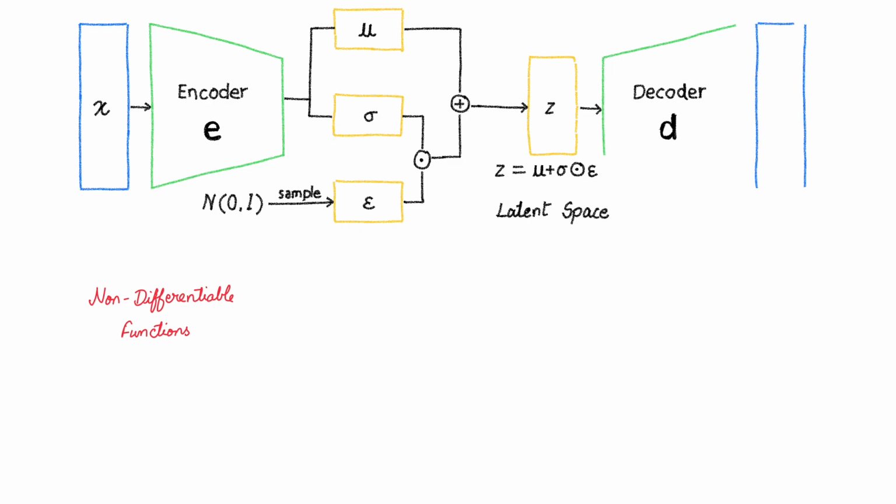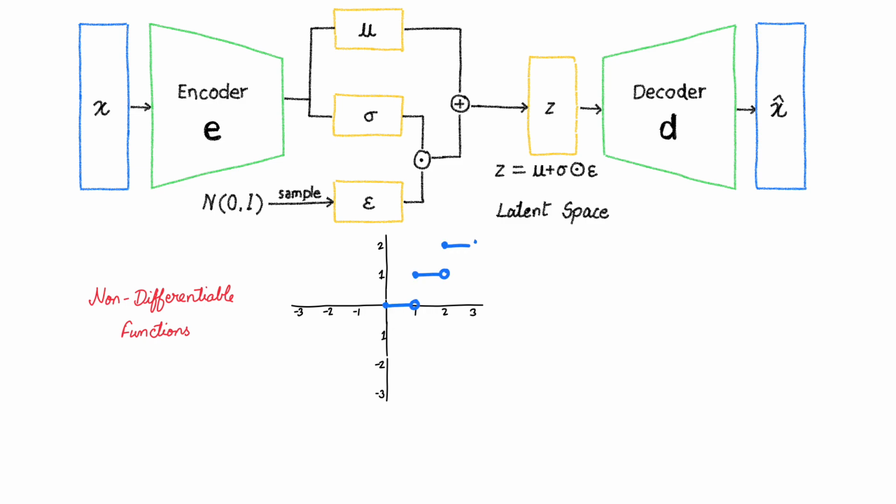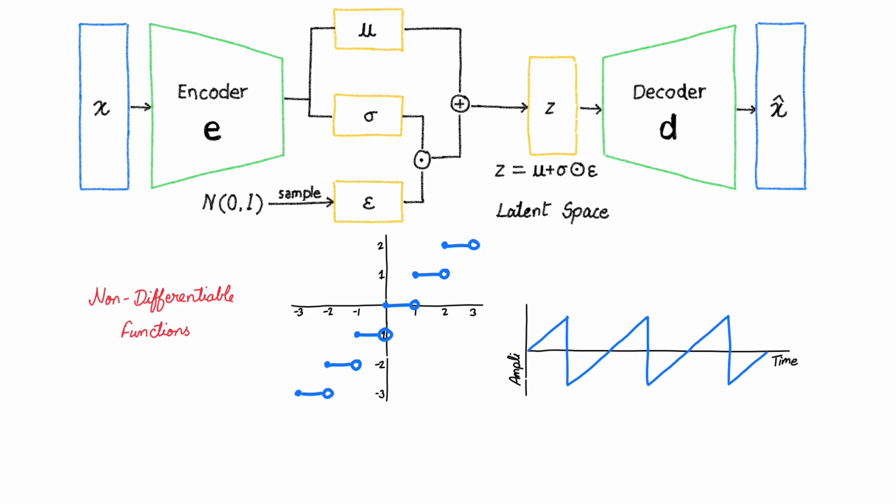This means it's not smooth and continuous, and its rate of change cannot be defined at those specific points. In machine learning, especially in gradient-based optimization algorithms like backpropagation, differentiability is crucial. These algorithms rely on calculating gradients to update the model parameters and minimize the loss function. If a function is non-differentiable, these algorithms cannot be applied directly.